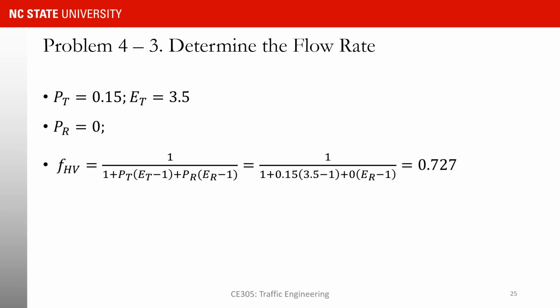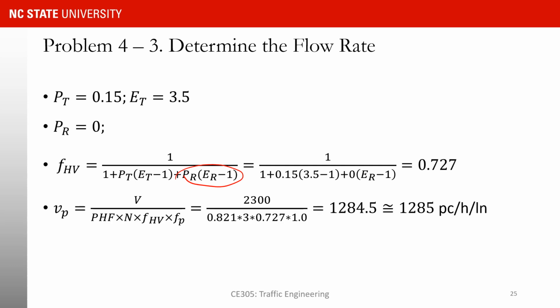P sub R is 0, so this part is going to be 0, and the rest, we have them. If you do the math, F sub HV is going to be 0.727. What F sub HV is going to do is that it will convert flow rate that is stated in vehicles per hour to flow rate that is stated in passenger cars per hour.